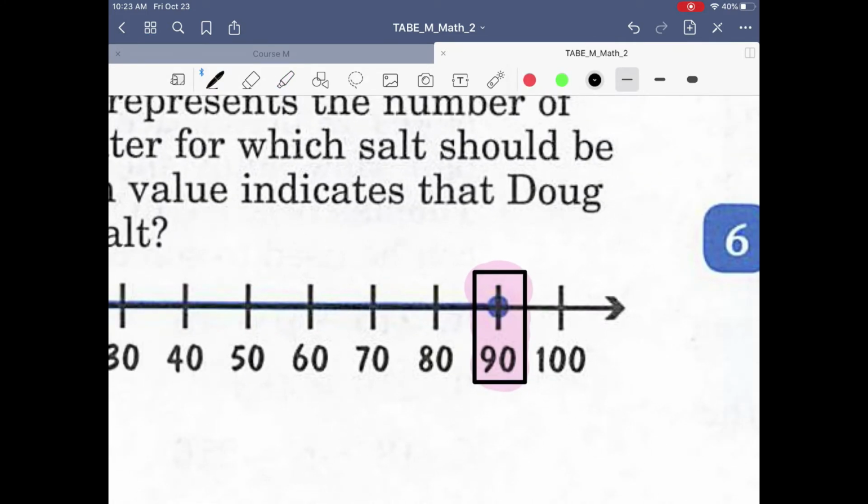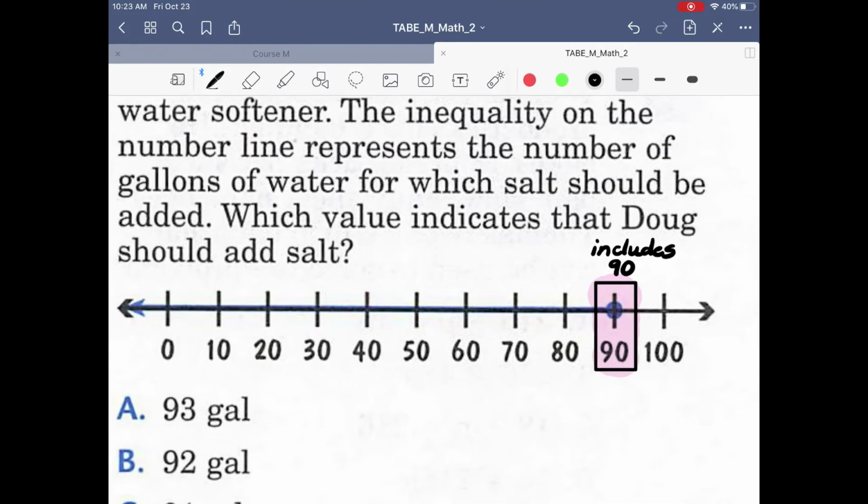And because it's closed, it includes 90. Okay. And if you can see barely, this blue line is below that mark. So the interval is in this area.